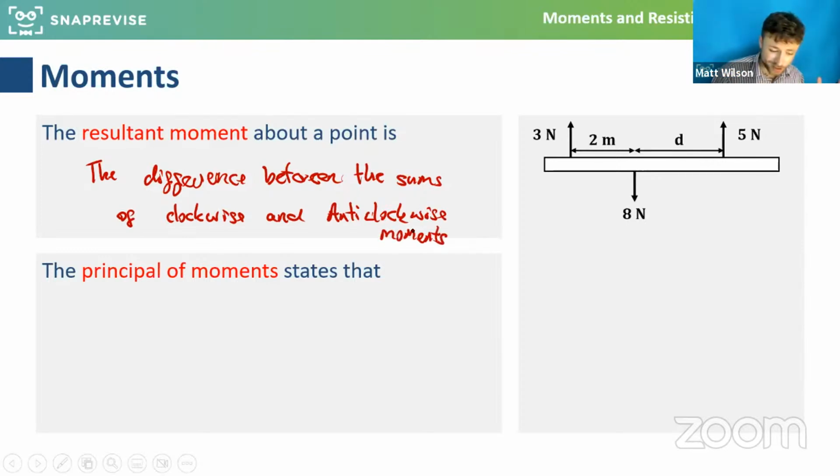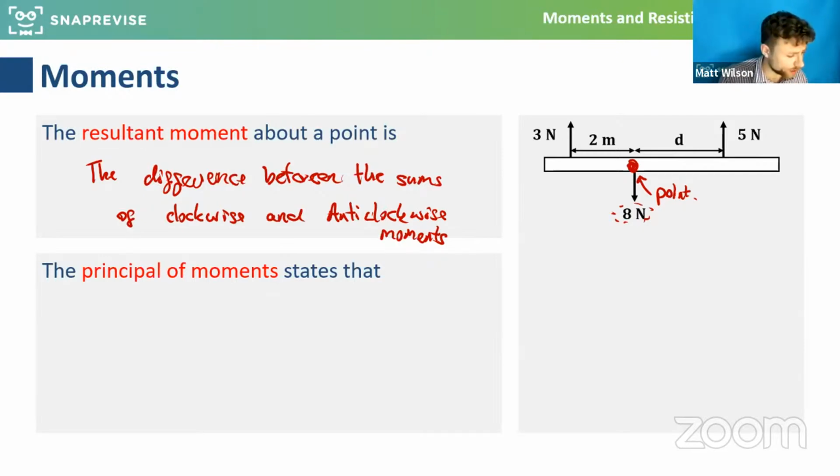Okay, that's a sentence that looks a little more complicated than it actually is. So let's take a look at an example. Let's take a look at this diagram on the right-hand side. And let's imagine we want to take moments around this point here. Well, this 8 Newton force, we could then ignore because we're taking moments about the point where it acts. It has no distance.